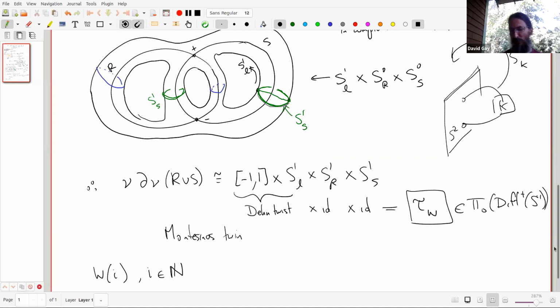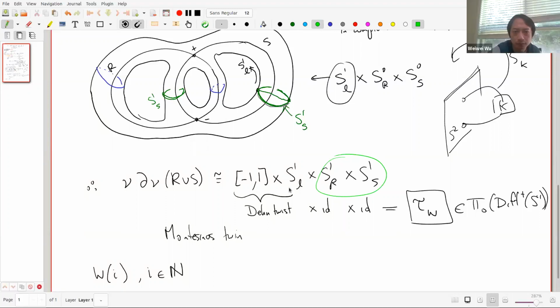In an arbitrary 4-manifold, there may not be a well-defined longitude, because there may not be one that is homologically trivial in the complement. So you need this S^1_L to be homologically trivial in the complement. It will still be true that it's diffeomorphic to a 3-torus, and the second two factors will be well-defined, but this factor will only be defined up to possibly adding multiples of the two meridional twists in the other direction.